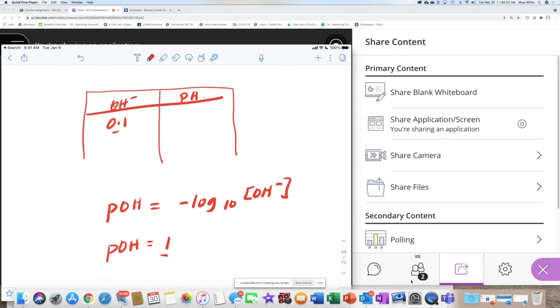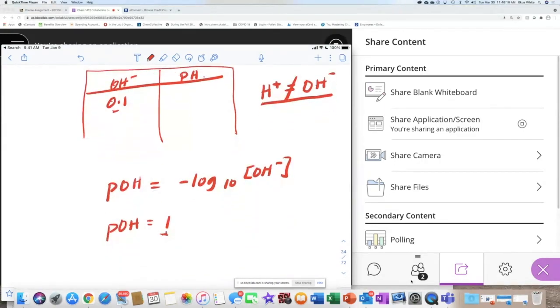But I can't write the 1 here because pH and POH are not the same thing. They're measuring concentrations of different ions. We can't assume that H plus is always equal to OH minus in a solution. These are only equal if the solution is neutral. It's safer to assume that these are not equal to each other. So we can't just write the 1 here.